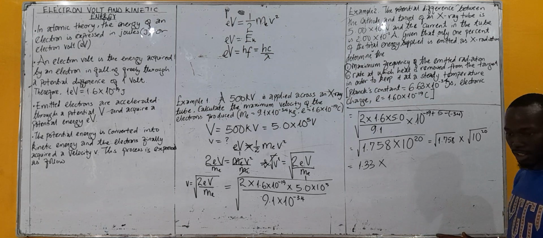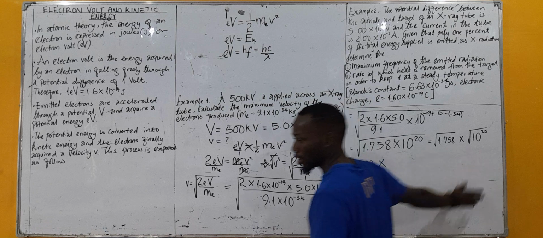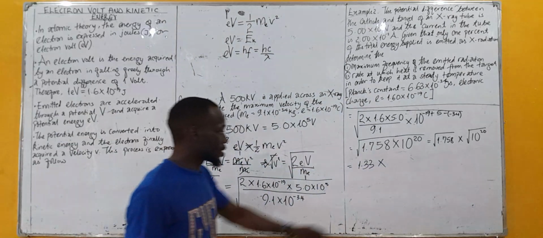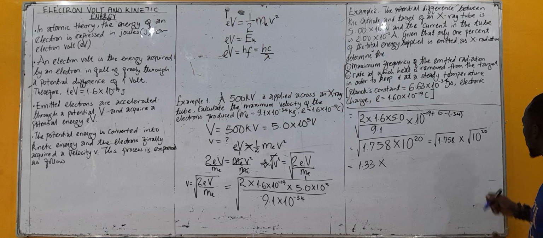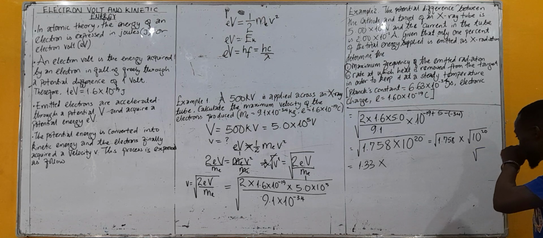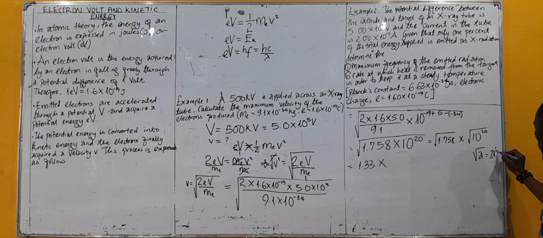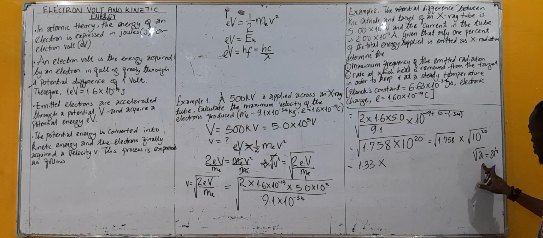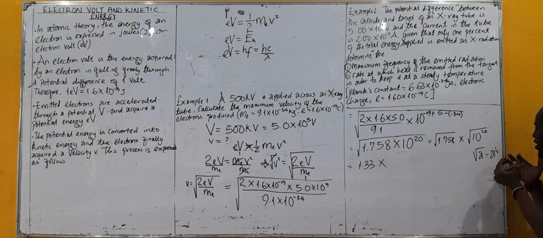Let me explain some mathematical terms here. Now this is pure indices. When you see square root, it is the same thing as a to the power of 1 over 2. I just use a as an example. So the square root is the same thing as raised to the power of 1 over 2.